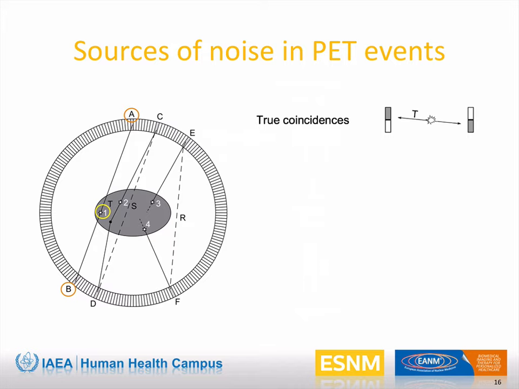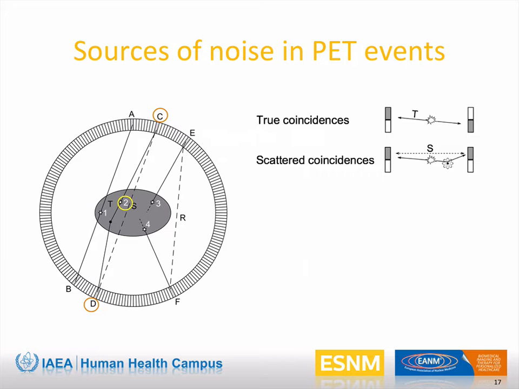The figure in the slide shows three possible types of events that can be recorded by a PET as a coincidence. The annihilation occurring in location 1 corresponds to a true count, usually indicated by the letter T, between detectors A and B. In the event originating from position 2, at least one of the two gamma rays experiences a scattering along its path.